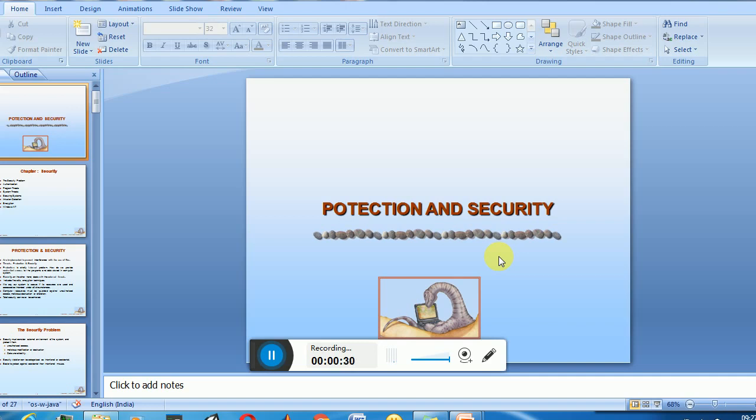So in this chapter, if we are studying this in the operating system, protection and security is related to our system: how we can secure our system or how we can protect our system from the other end.